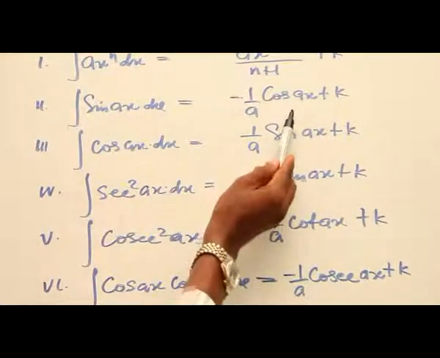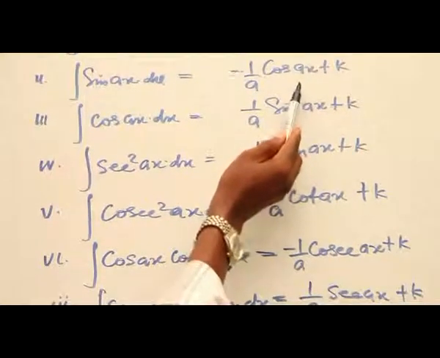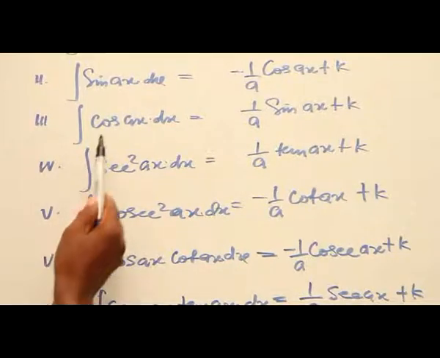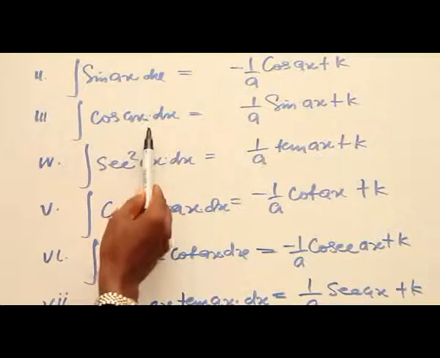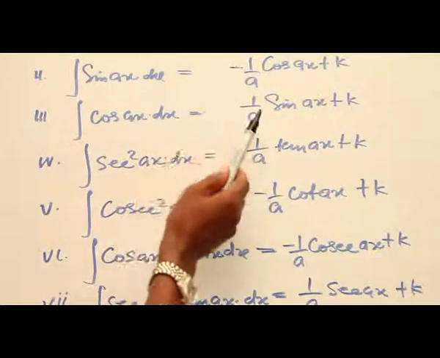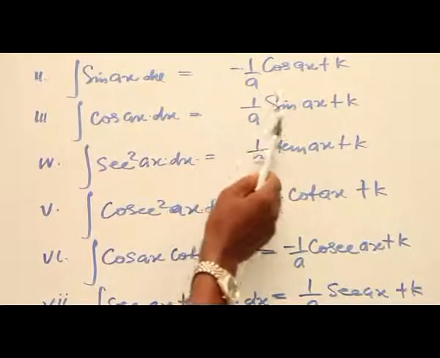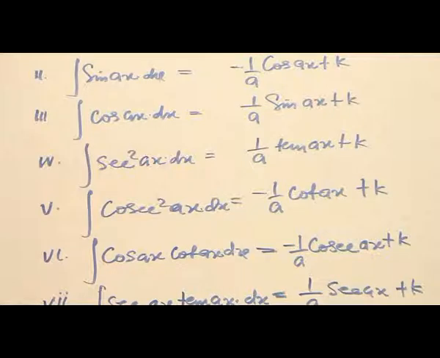That is why the solution is like this. This becomes the function f of s. The third one is cos as dx. If you integrate this function, just like the second one, you will have 1 over a sine as plus k, because if you differentiate sine as, you will get cos as.